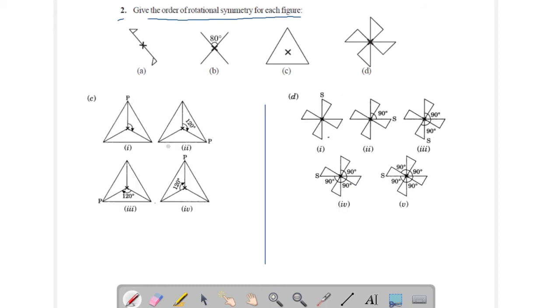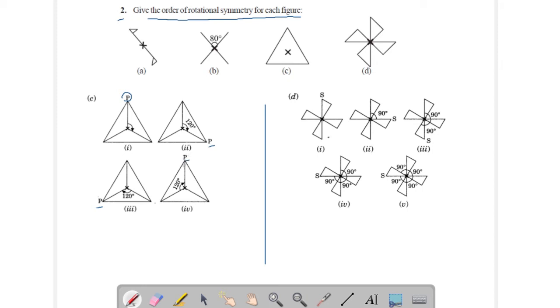Now come to C part. Here, join like this and take a point P. Here, we have to rotate this angle at 120 degrees. If you rotate it, then P will come here. And if you again rotate it, then position of P changes. It will come here. And again, if you rotate at 120 degrees, it will come to its original position.